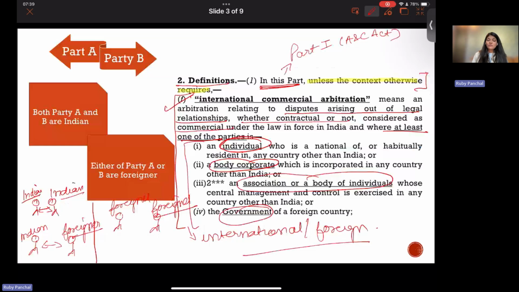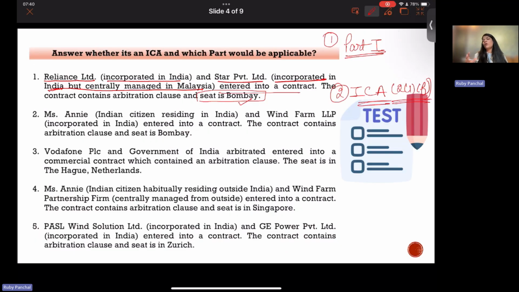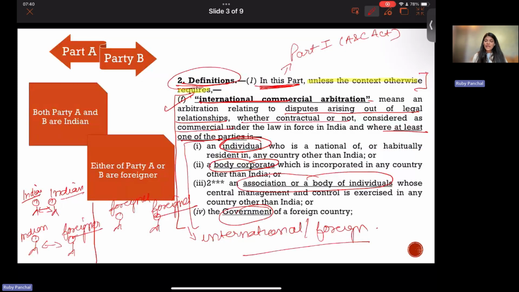Why? Because section 2 says in this part, ICA is defined as follows. So this definition is specific to part 1 only, right? So now that we have established part 1 is applicable, we can see if it is an ICA as per part 1's requirement, which is 21F. So we have two companies, Reliance incorporated in India, Star Private Limited, incorporated in India but managed outside. Now let's see under which heading we would fall.